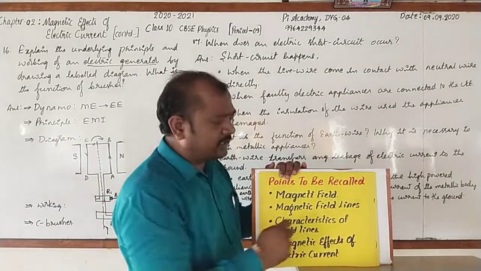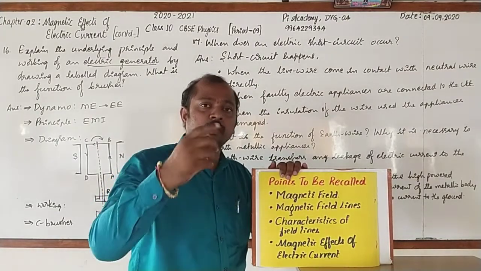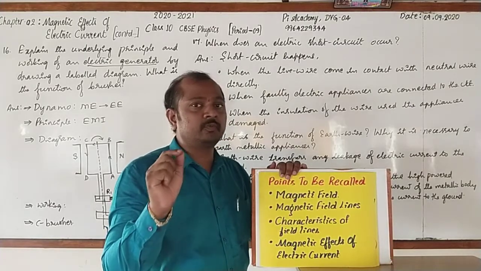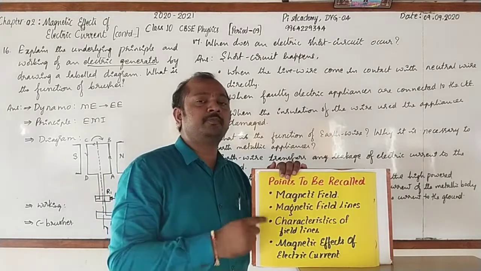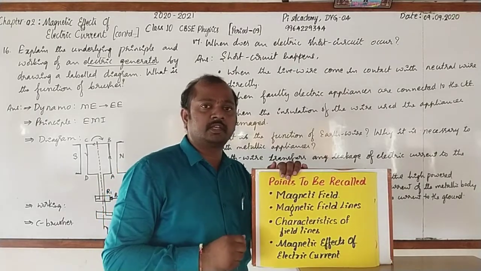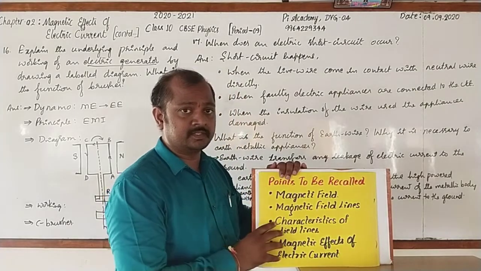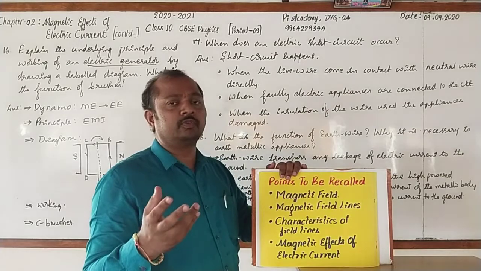Next, magnetic field lines. When you take a magnet, around that the magnetic field will be there, but it is not visible. Therefore, this invisible field is represented with a set of lines, and these lines are called magnetic field lines. These magnetic field lines have their own characteristics.